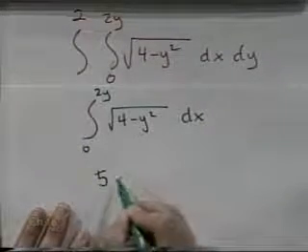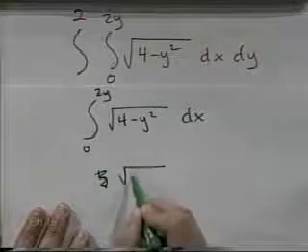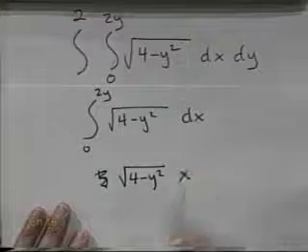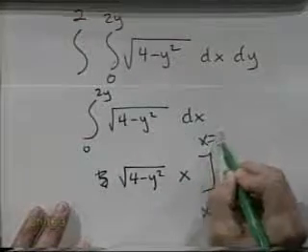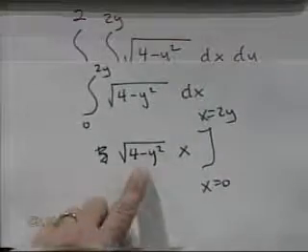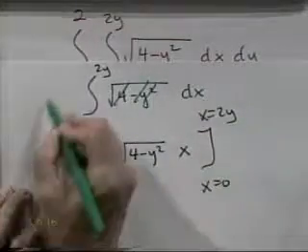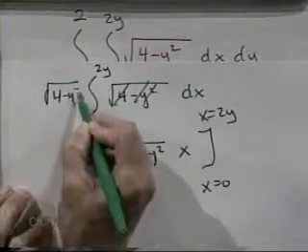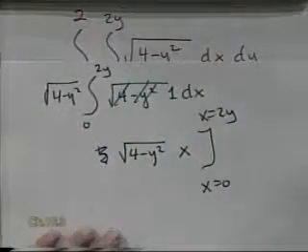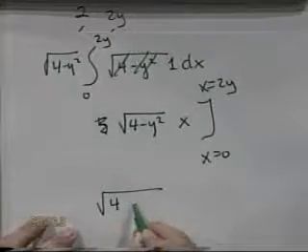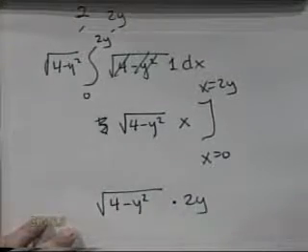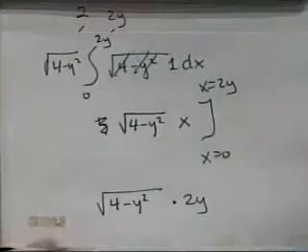So it's going to be the square root of 4 minus y squared times x, as x ranges from 0 to 2y, because that's a constant. You could have just said it's a constant, I'm bringing it out, and just put a 1 there, right? And the integral of 1 dx is x. Popping in the 2y, I get the square root of 4 minus y squared times 2y. Popping in the 0, you get minus 0.